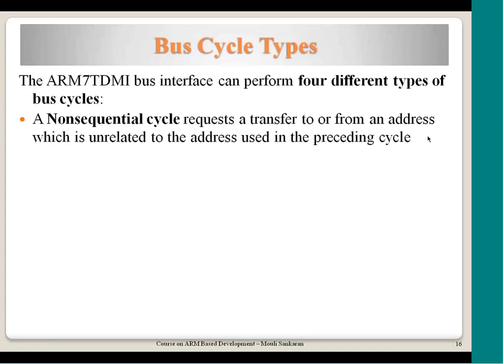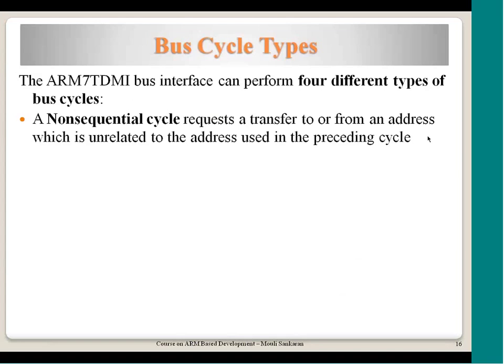If this next address coming out of the processor is not related to the previous address, that means they are not sequential. Okay, random addresses are coming out of the processor. There is no relationship between one cycle and the previous cycle, and memory decodes every address and then puts the data into the bus. So this is called a non-sequential cycle where there is no relationship between subsequent addresses coming out of the processor.